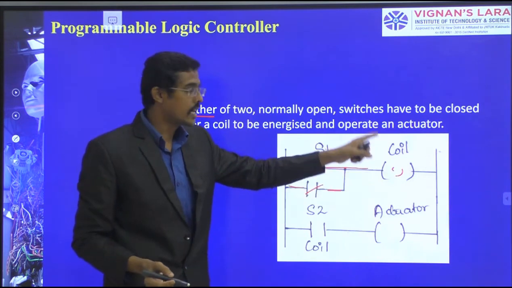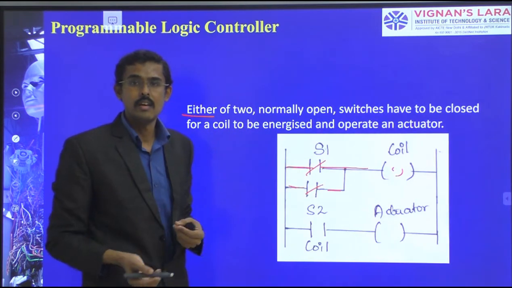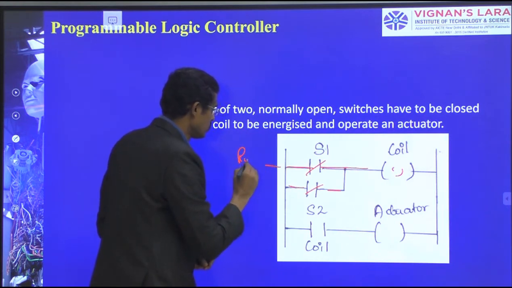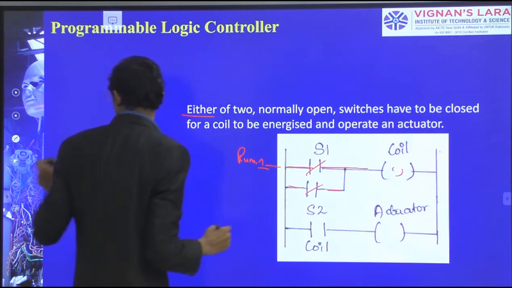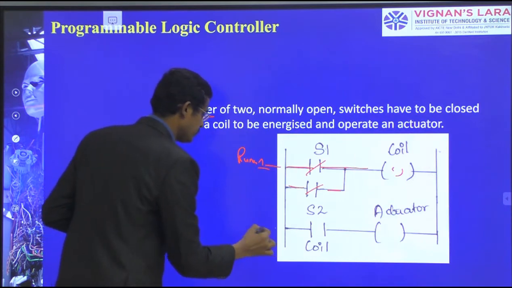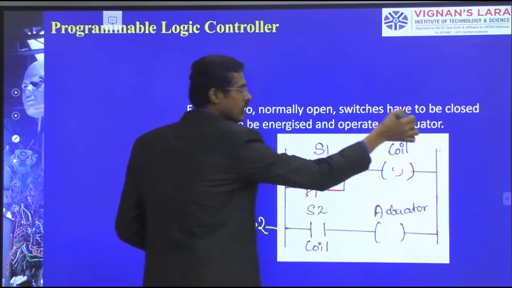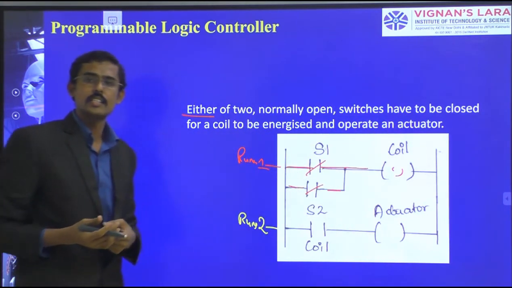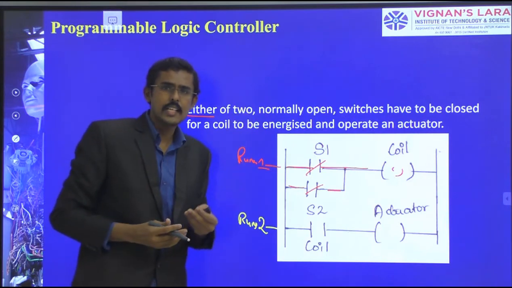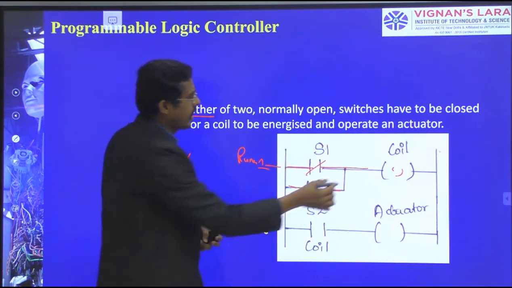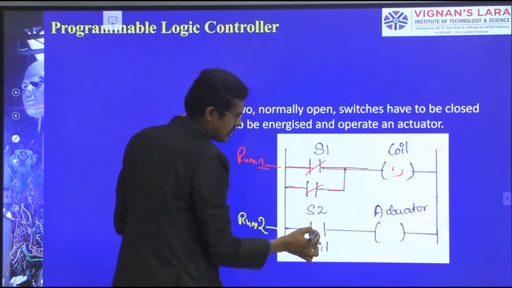After that, I am taking this output as an input in the second rung. This is rung 1, we know, and this is rung 2. I want to activate this if the coil is energized. I am connecting the coil name as an input here.